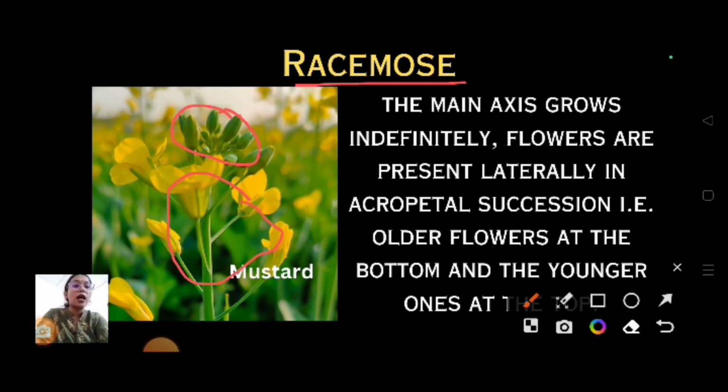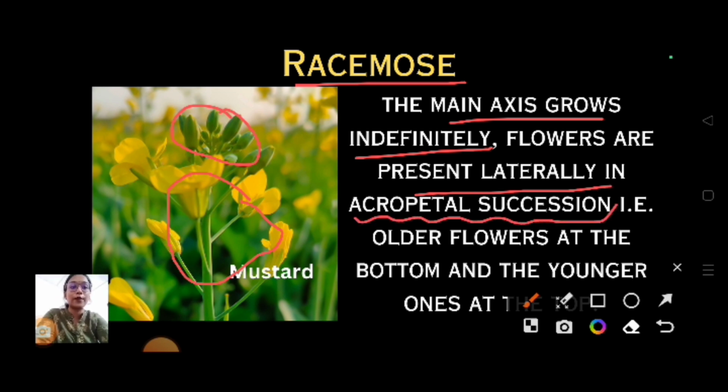The main axis grows indefinitely. The flowers are present laterally in acropetal succession. The flowers are arranged in an acropetal succession, meaning the older flower at the bottom and the younger flower at the top.